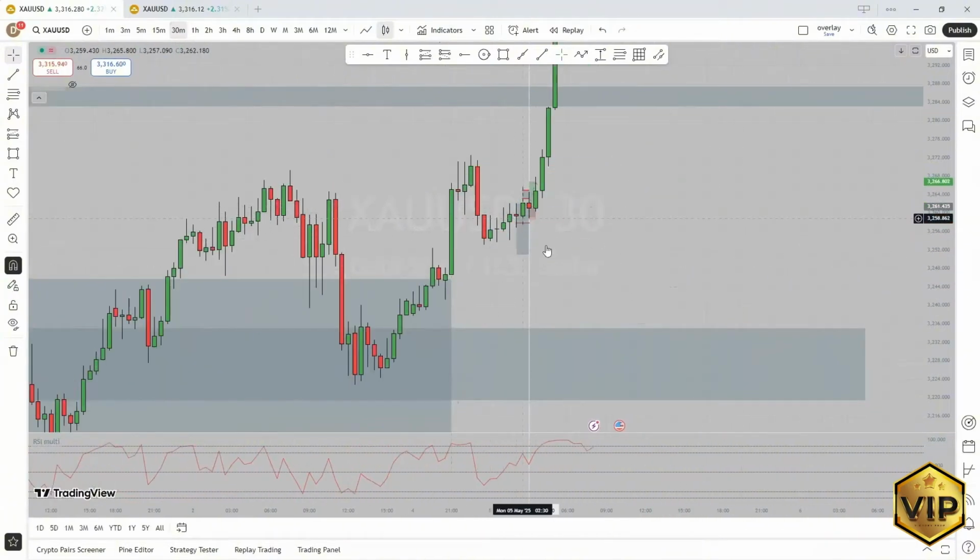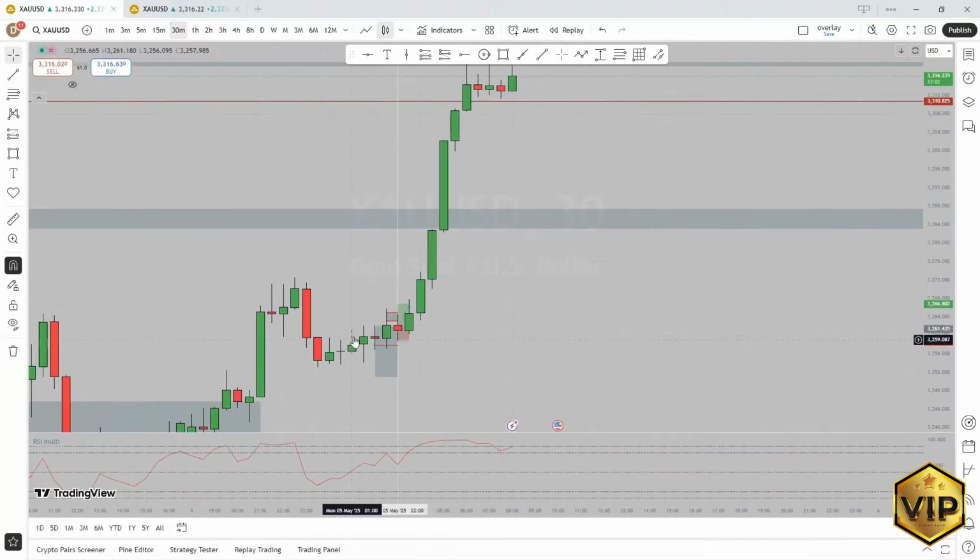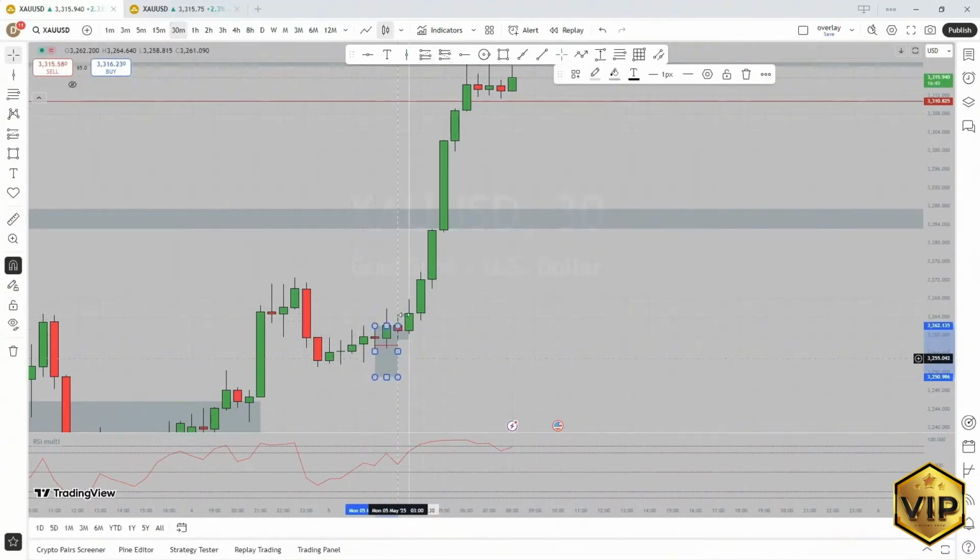So obviously, this M30 was a breakout that I actually went for, and then once price did this other M30 breakout, there's an M3 setup.